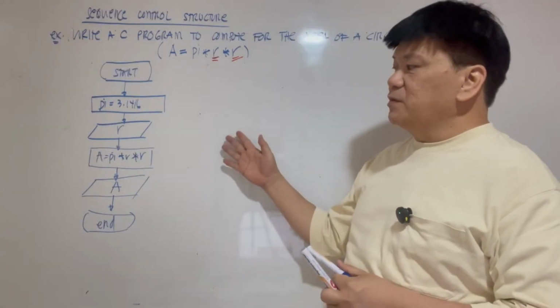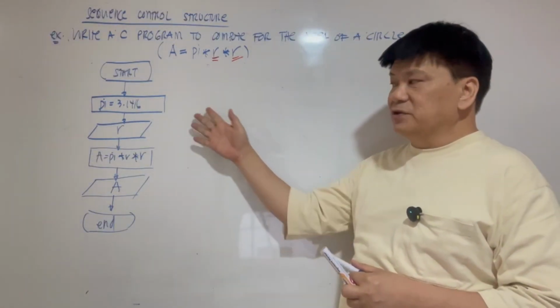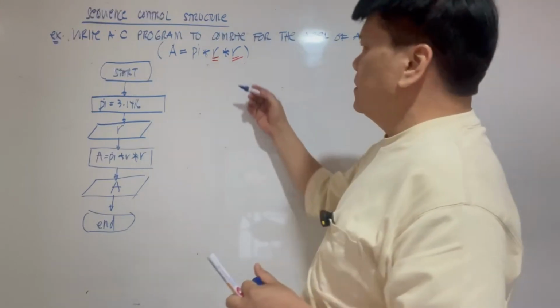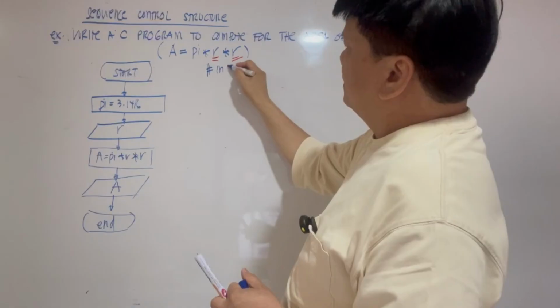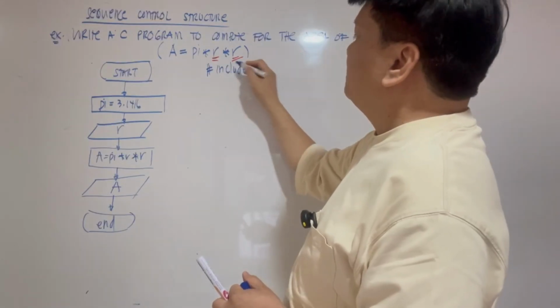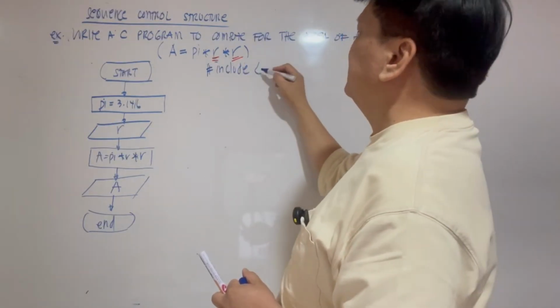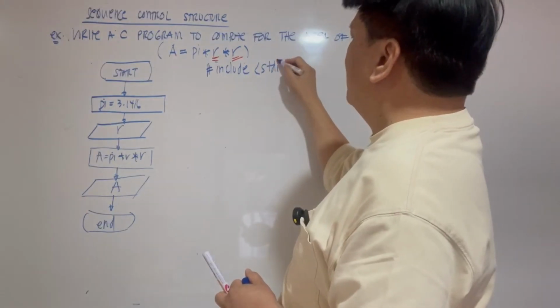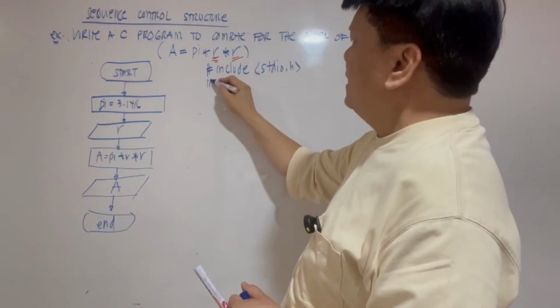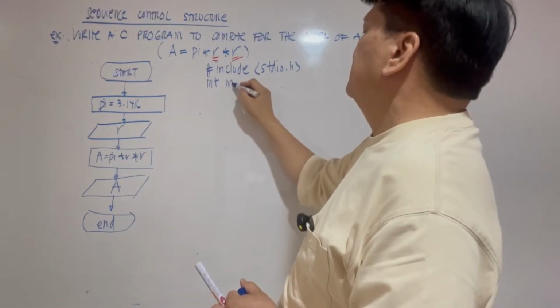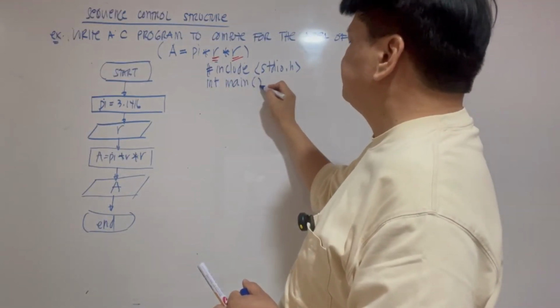Now let us create a program out of this flowchart. So again, we start with the preprocessor directive include stdio.h. And then the main entry for the C program.